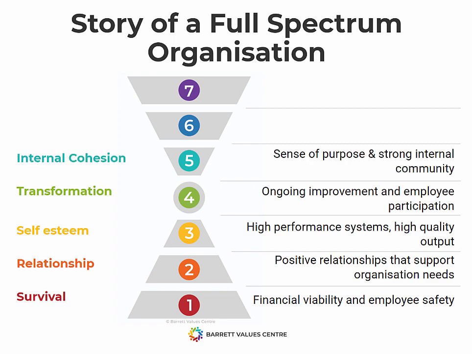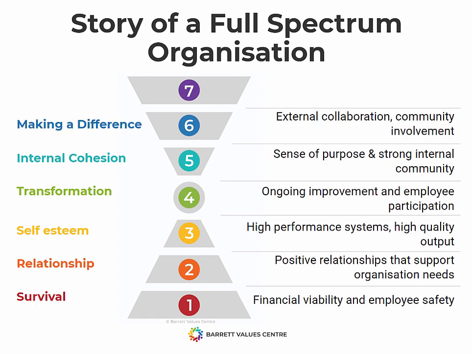At level 5 we find internal cohesion. People feel inspired by the vision and the values. There are high levels of trust and a deep sense of purpose, fun, and team spirit. At level 6 we find making a difference. This is a collaborative working environment for staff, customers, suppliers, and the community, where people focus on win-win for all concerned.